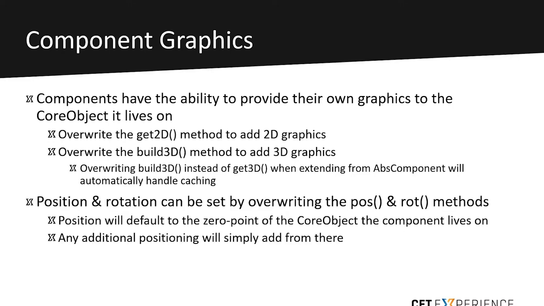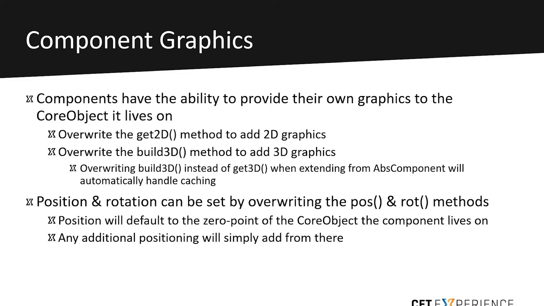So the position and rotation can be set by overriding the pos and the rot methods. The position of a component will default to the 0 point of the core object that it lives on. If you want to move it from there, you will simply have to override either of these methods.